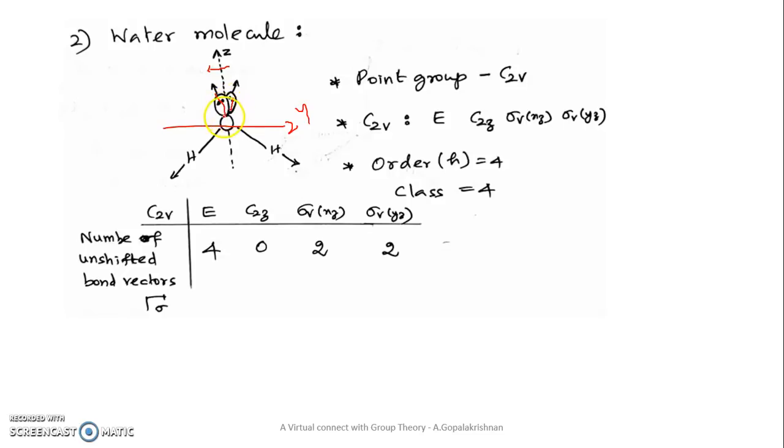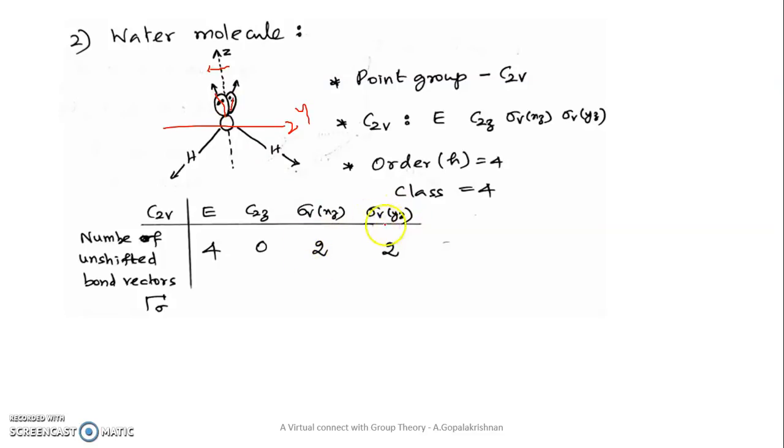Because the x-axis is perpendicular, and this lone pair is towards you and that lone pair is behind the screen. So when you keep a mirror plane through the x-axis and z-axis, the mirror plane passes through the 2 lone pairs. If you do reflection, this hydrogen will reflect here, this hydrogen will reflect here. So these 2 bond vectors get shifted, whereas these 2 bond vectors, since they are in the mirror plane, never get shifted. So the number of unshifted bond vectors is 2.